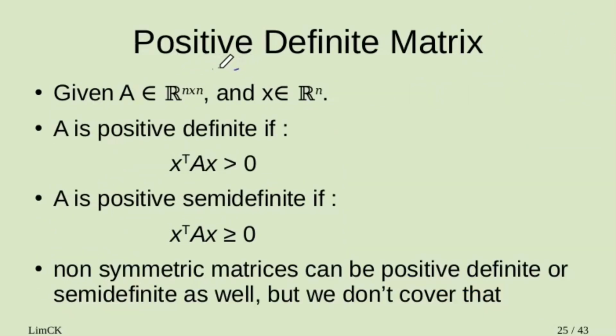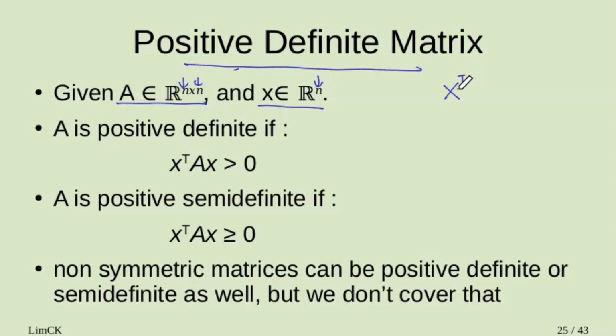Okay, the next concept is a positive definite matrix. Let's say we have a matrix A, a square matrix, dimension n times n, and we also have a vector x with a dimension n as well. Remember just now we mentioned the transpose of a vector.